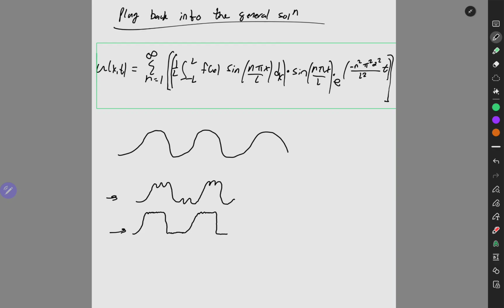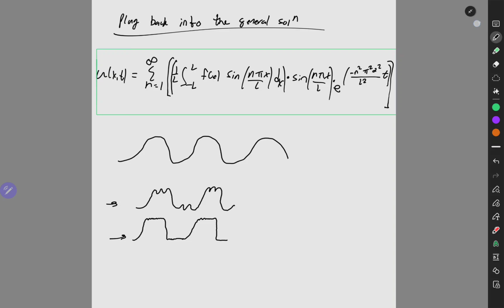And then I also have what's called a half range expansion. Basically, if you have a function that doesn't span over a full period, if it only spans over half of a period.